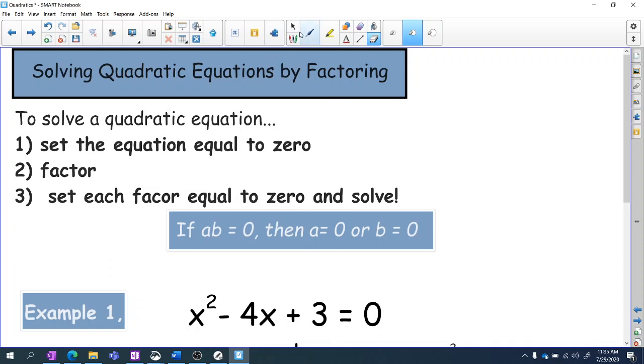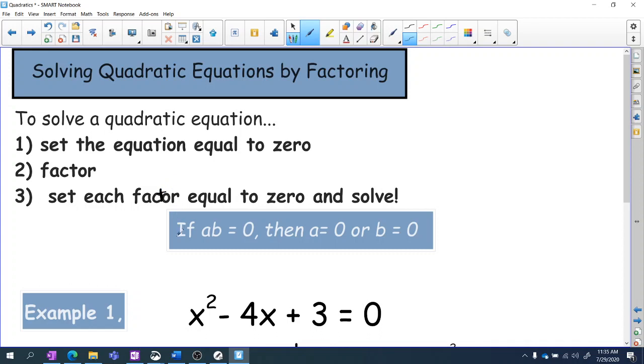The first thing you need to do is set the equation equal to 0, meaning move everything around so that 0 is isolated on one side of the equation. Then you're going to factor. So of course this strategy is only going to work if this trinomial, or whatever this turns out to be, factors. If it doesn't factor, well then the strategy doesn't work. There are other strategies though that will work when they don't factor.